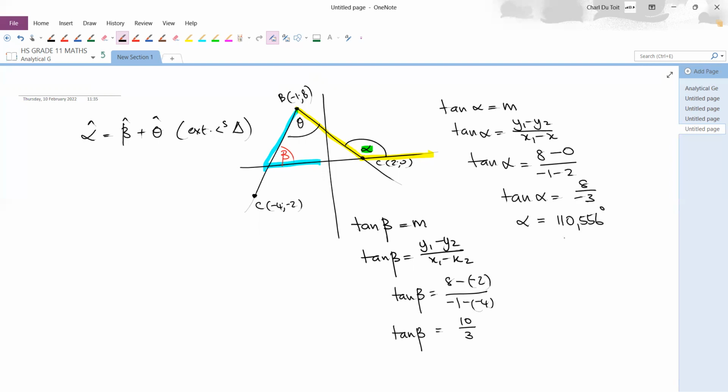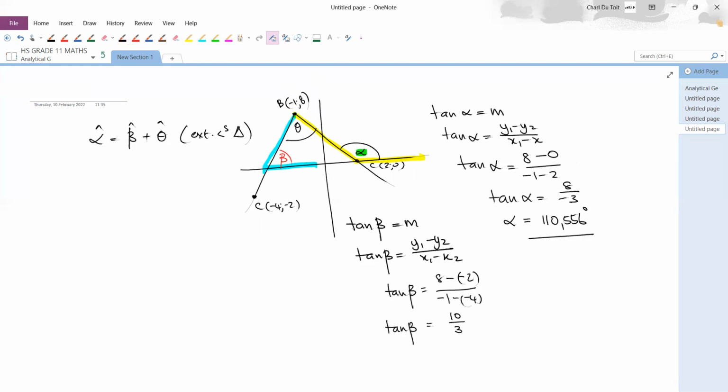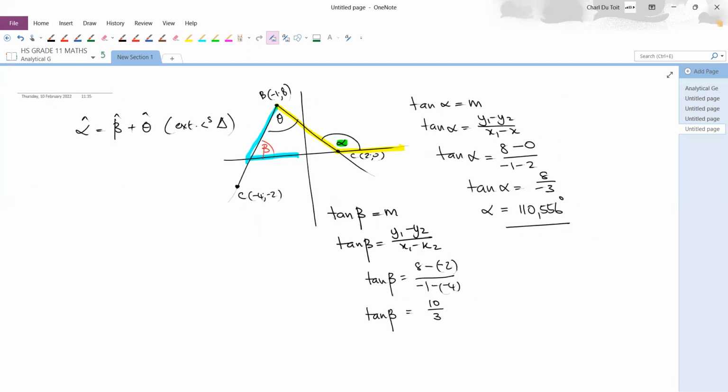Is that correct? Do you understand how you got the 110? Okay, let's just do shift tan 8 over negative 3. And then you got minus 69.443. Yes. But that's this angle here.